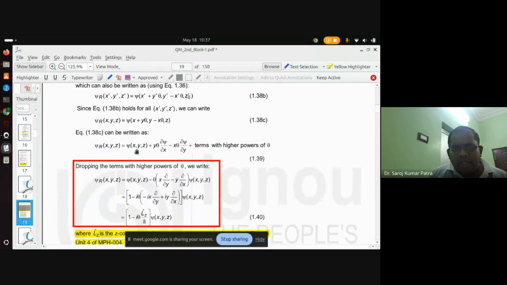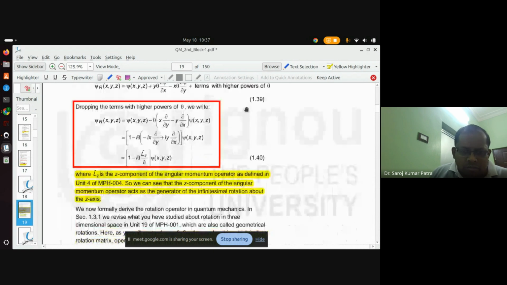So what will happen now? Psi of x, y, z. Now if we take theta common, it will be x del psi by del y minus y del psi by del x. Using the same type of formulation again, multiply by 1 and by i and 1 minus i. In this term, if we multiply by i here, we will multiply by minus i, because i into minus i is equal to minus i square, which is equal to 1.